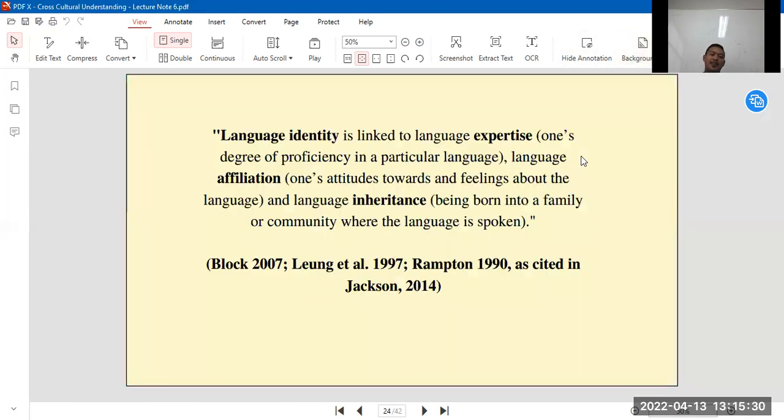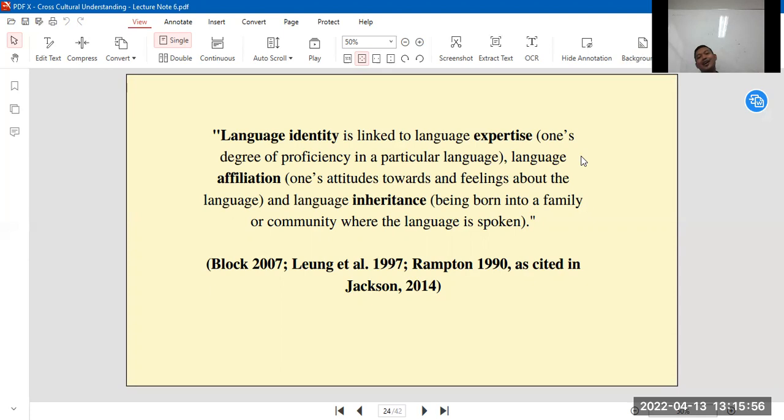Language identity is linked to expertise, one's degree of proficiency in a particular language; language affiliation, one's attitude toward and feelings about the language; and language inheritance, being born into a family or community where the language is spoken. By Block, 2007, Lim, 1997, Frampton, 1990.